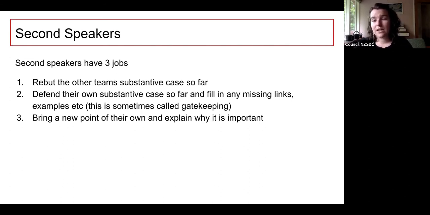So the other team have had a chance to rebut you probably by now, and you want to explain why that rebuttal isn't true, or if your first speaker maybe missed something out or didn't have time, or you've thought of additional examples or additional reasons, you want to be making sure that you're defending your own case from attack. So attacking the other team, defending your own case from attack. And then the last thing that you want to do is to have 1 point of your own, so 1 substantive argument of your own.